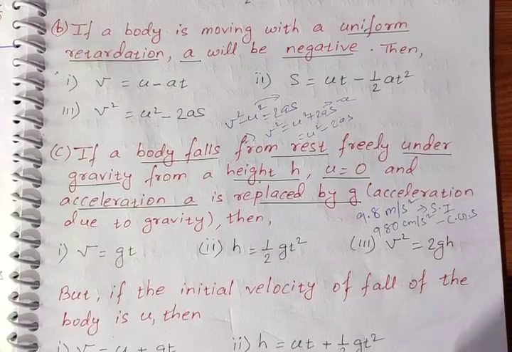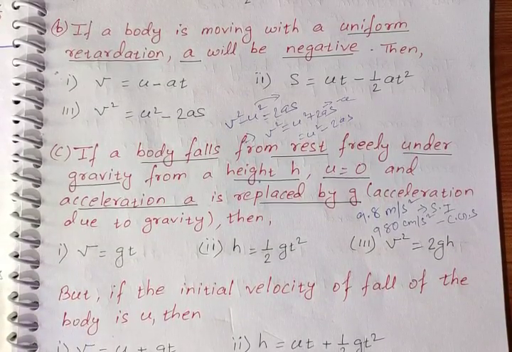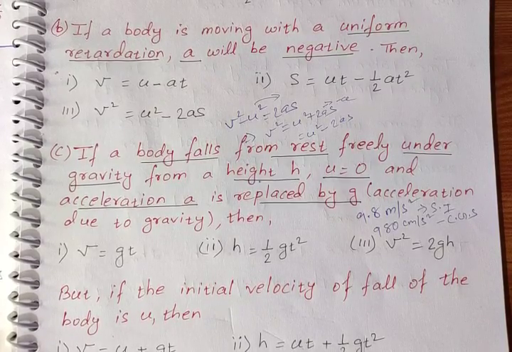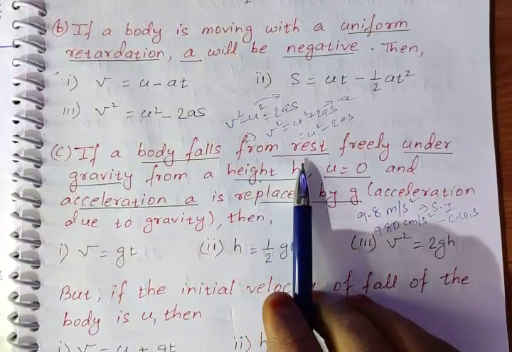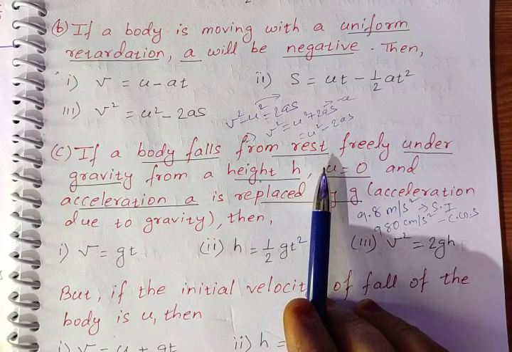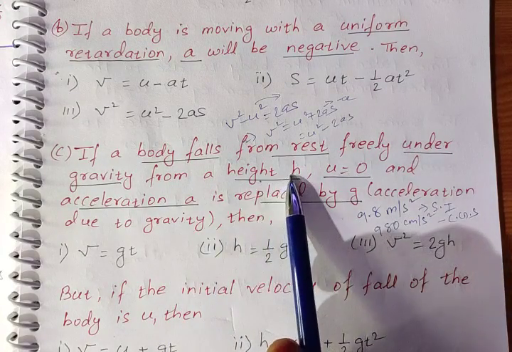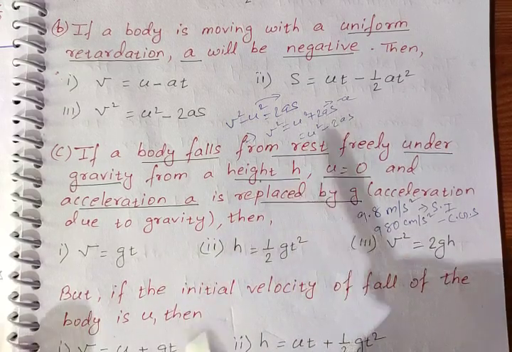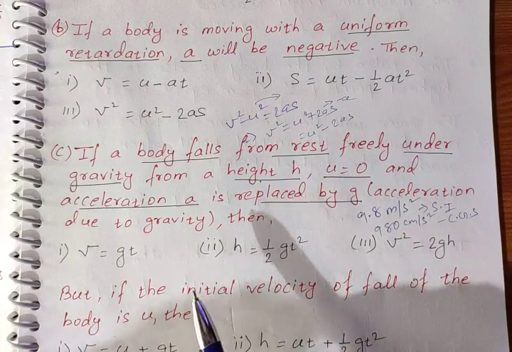Got it? So if a body is falling freely under gravity, then a is replaced by g, and as the body starts from rest, the initial velocity is 0. Now the height is given as h. Now see how the equations change.